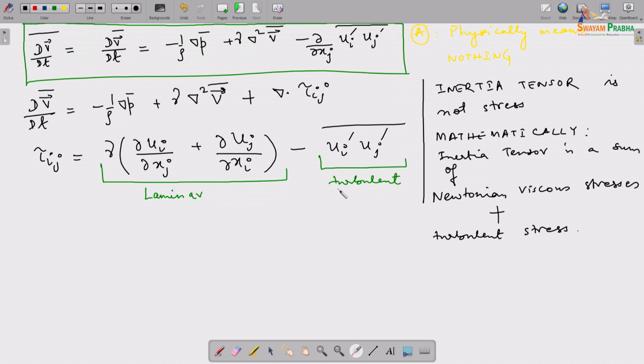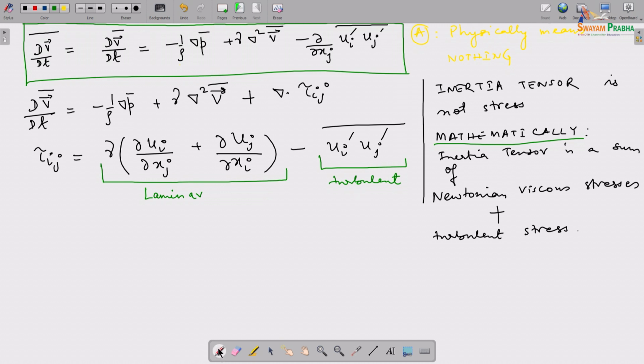So, while physically it actually means nothing, and it also does not mean any sort of stress, mathematically, when I write this down, it actually behaves like it is a combination of Newtonian viscous stresses and turbulent stresses, right.